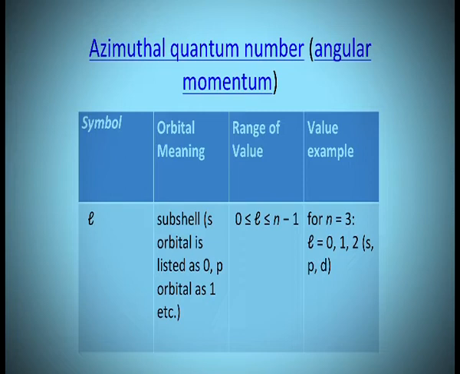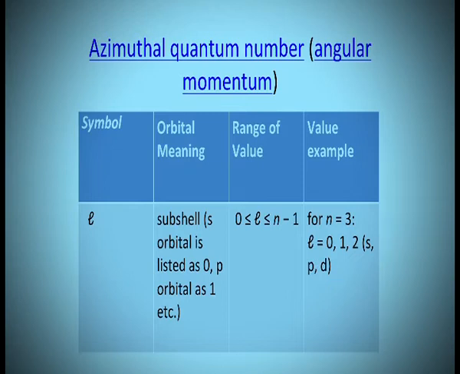Different values of l correspond to different types of subshells, and each subshell contains orbitals of a given shape. l equal to 0 corresponds to the s subshell and contains the orbital with spherical shape called the s orbital. l equal to 1 corresponds to the p subshell and contains orbitals with a dumbbell shape called p orbitals. There are 3 p orbitals in each p subshell.